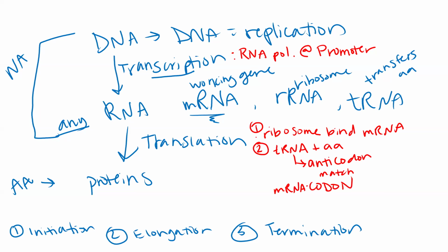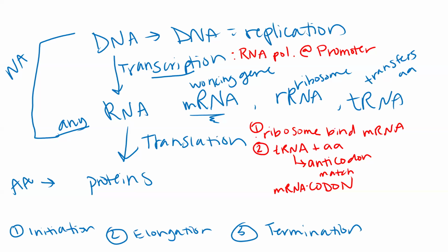So the mRNA is nucleic acid in RNA form, ribonucleic acid. And it's just nucleotide, nucleotide, nucleotide, nucleotide. And every set of 3 of those nucleotides is a codon. That's the word for those 3. If you were to look at those same 3 nucleotides in the DNA, they're called triplets.